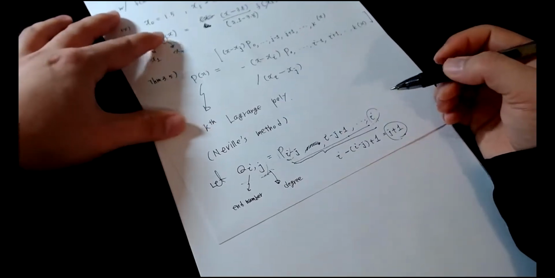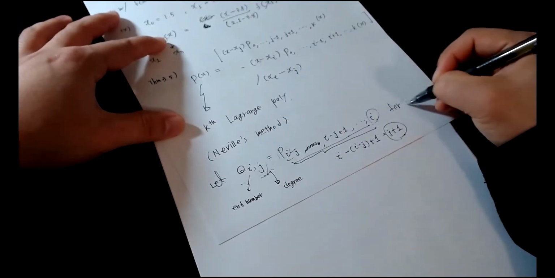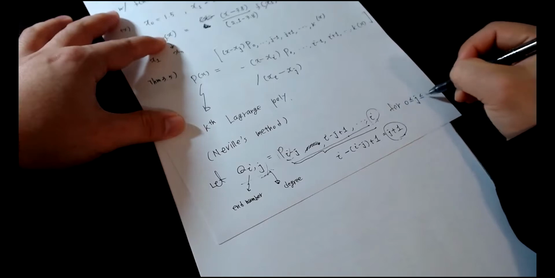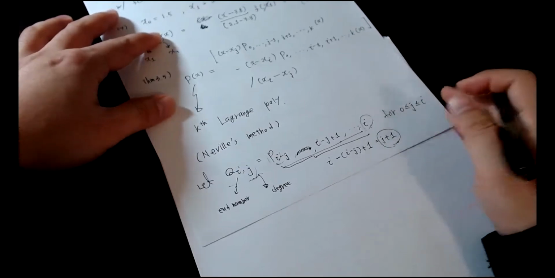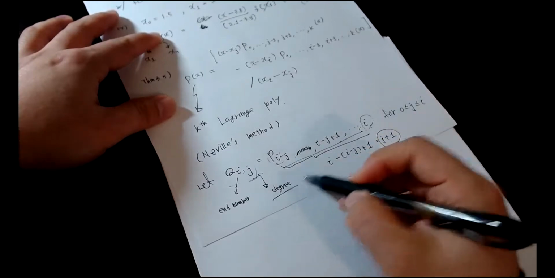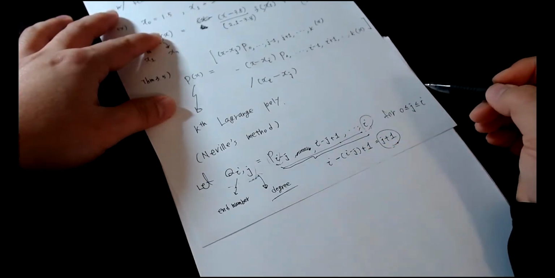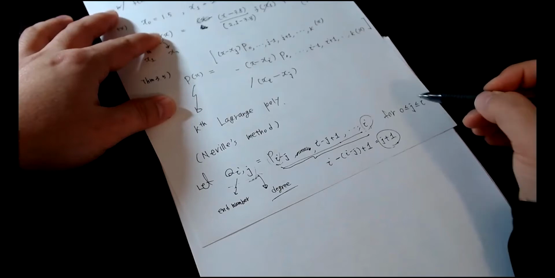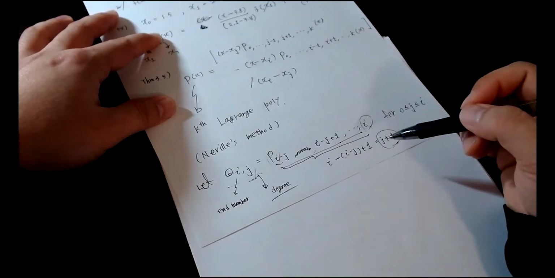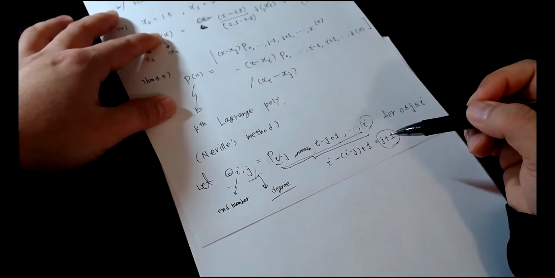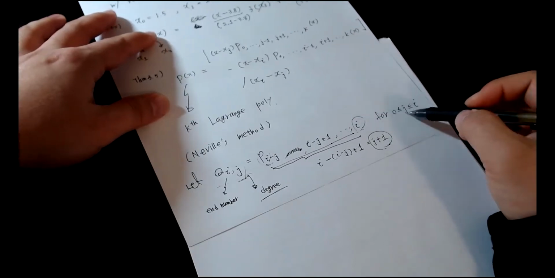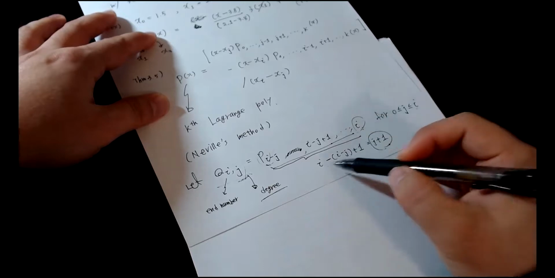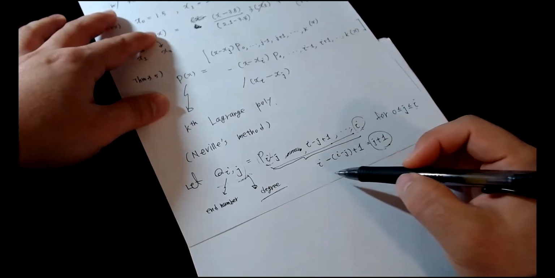So the key thing to keep in mind here is that j must be between 0 and I. Okay, so that makes sense. If j is greater than I, it means the degree is greater than... give me a second.